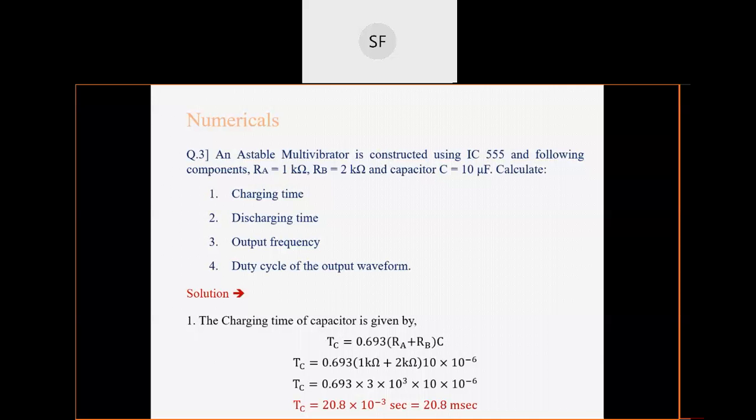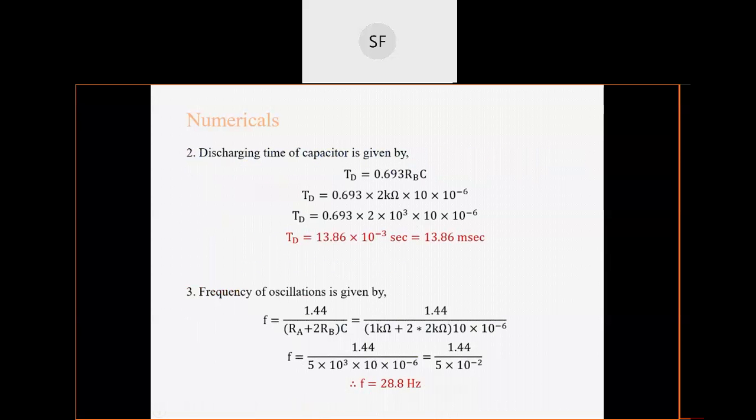If you got the answer, then you can reply. Rather, you can verify. The answer is in the next slide only. So I will just go to the next slide.